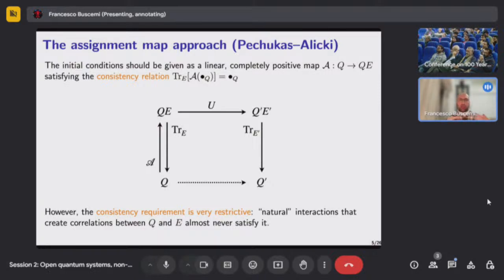If you have an interaction between system and bath, most likely the state of the system after the interaction is different from the state of the system before the interaction happened. So we would like to get rid of this consistency relation and try to have a more general formalism, but which is still amenable to mathematical study.